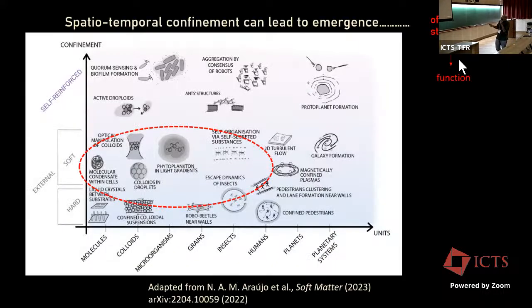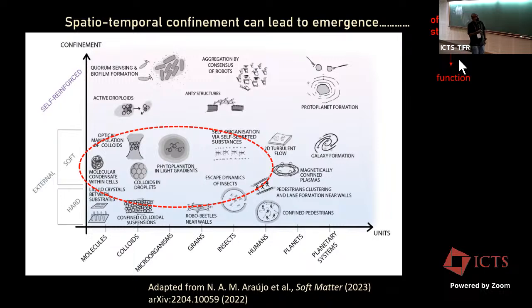Now, this is one of the very interesting aspects of spatio-temporal confinement. And the fact that you would be able to confine things actually can lead to emergence. So if you now take the kind of confinement, and you look at the various units of matter, all the way from atoms and molecules to planetary systems, you would have a plethora of effects which are related to this kind of interactions.